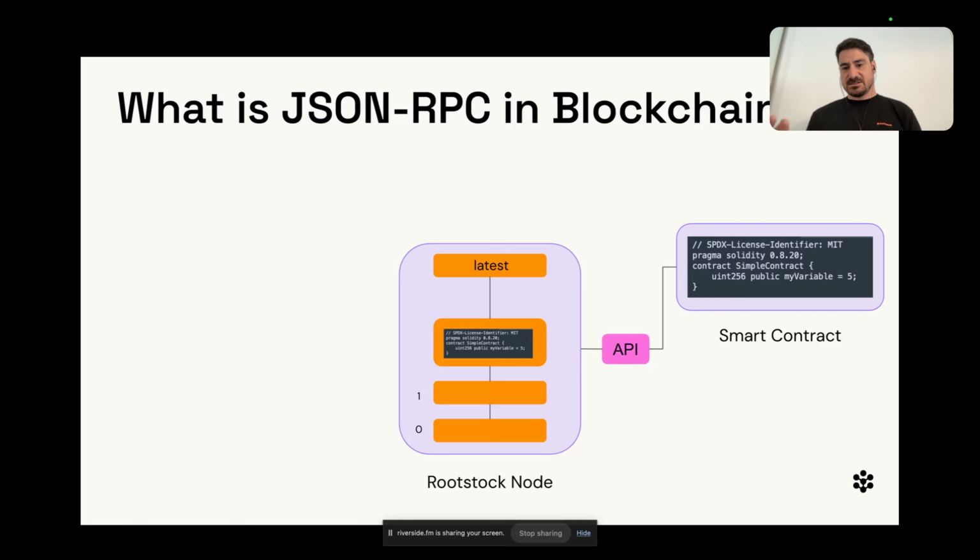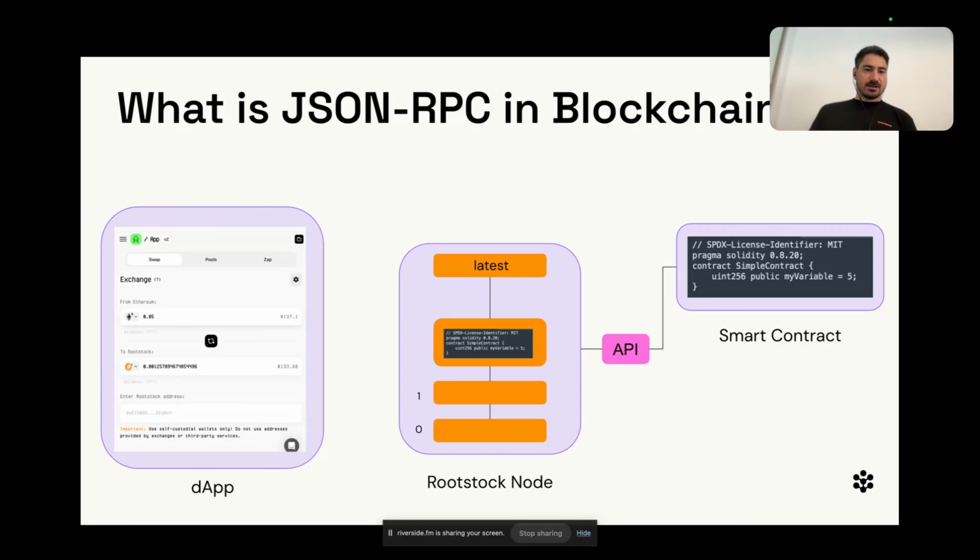So that is good. But now I also want the users of my application to be able to interact with that smart contract that I just sent. So suppose I have this front end for my application. It's also going to require the API to interact.